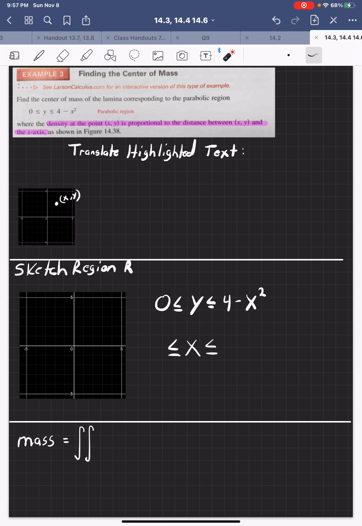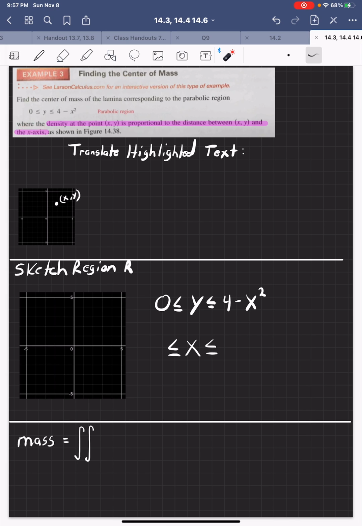So let me read the example here. What we want is to find the center of mass of the lamina corresponding to the parabolic region 0 to 4 minus x squared, where the density at some point is proportional to the distance between the point and the x-axis. I've highlighted this text here because I want to make sure we can understand it before we go any farther.